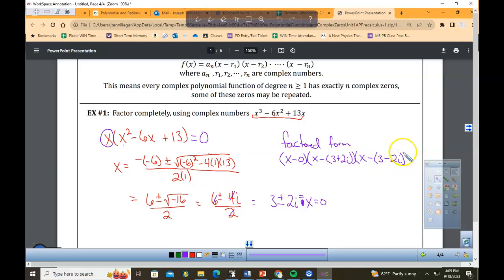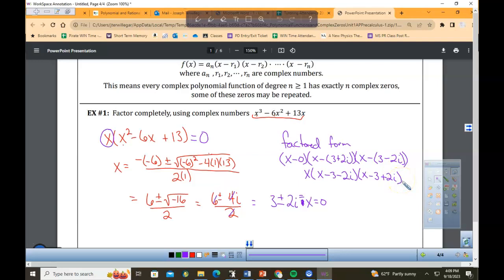I'm just plugging in my zeros. That's my factored form. I can simplify this a little bit. It's kind of messy. x minus 0 is x. This would become x minus 3 minus 2i. And this would become x minus 3 plus 2i.